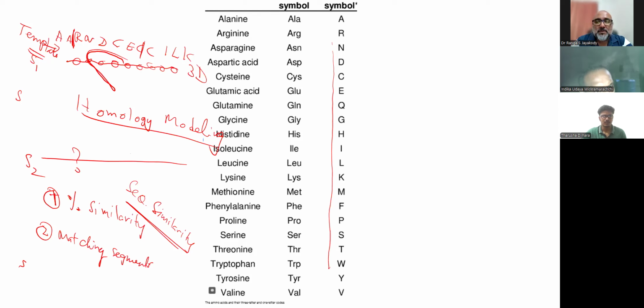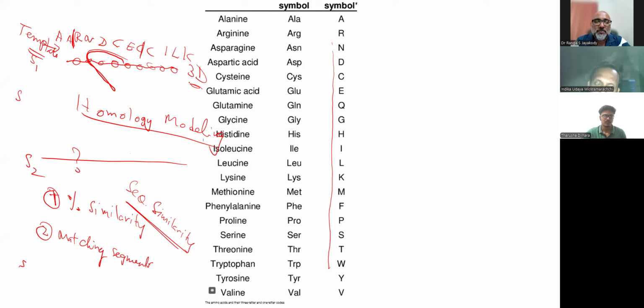Then first objective is for you to identify the correct template, right? So in order to identify the correct template, you have to go through a database of structures, proteins, whose 3D structures are already known, and of course their primary sequences are known. Then you need to compare and match your sequence to every single sequence in the database and then get the best one out of it.